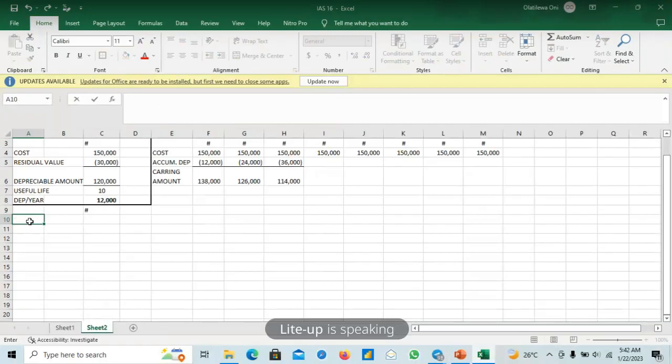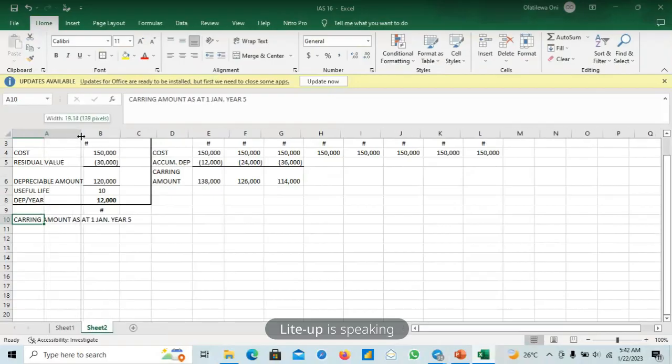Now, what we are going to be doing here, because there is a change, is use the carrying amount as at that day. Carrying amount as at 1st of January year 5.